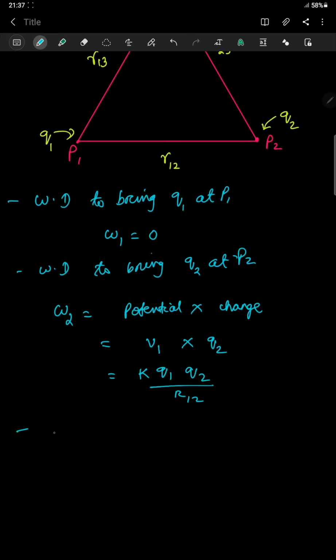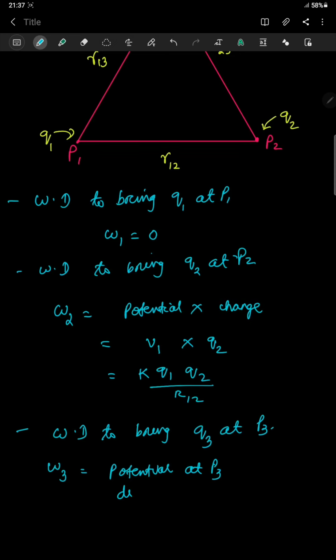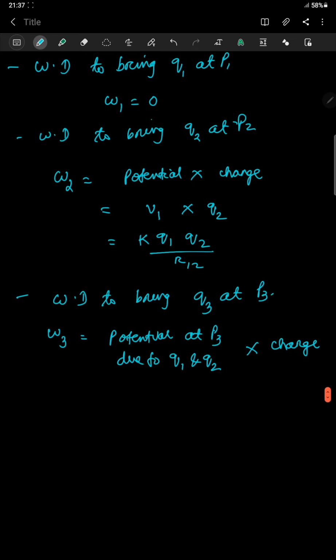Then the third one, work done to bring the charge Q3 to P3. Remember, here Q1 and Q2 are already at their positions. So W3 will be the potential at P3 due to Q1 and Q2 multiplied by the charge Q3.